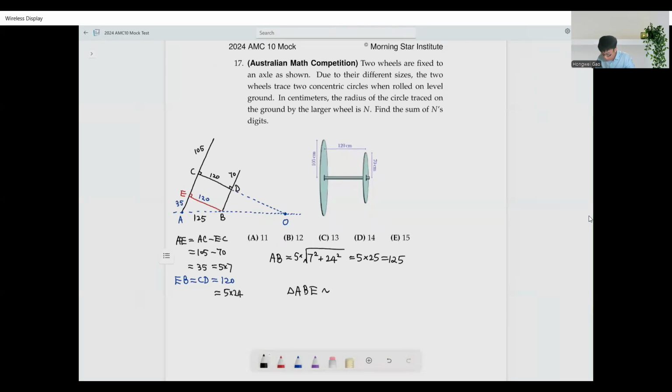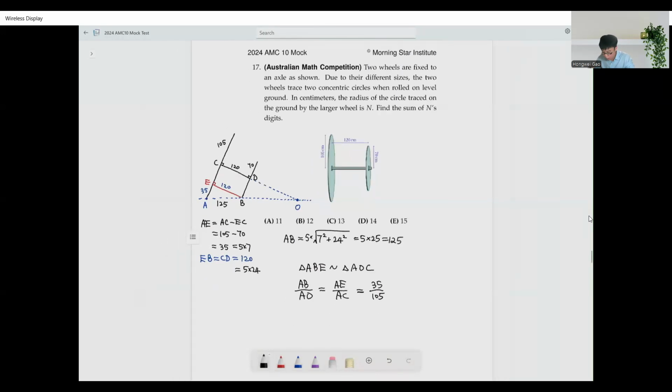In this way, we know that triangle ABE is similar to triangle AOC. We're trying to use similarity to find length of AO. Now we can find their ratio. So AB over AO is equivalent to AE over AC, which is 35 over 105.